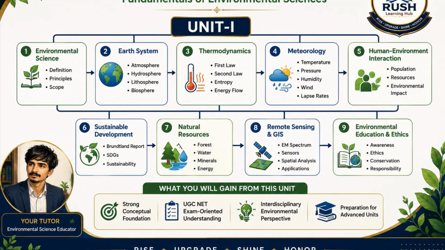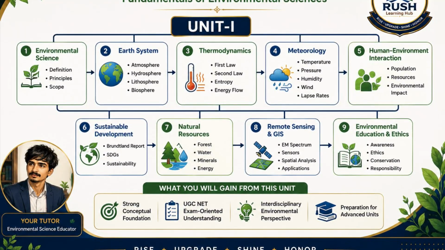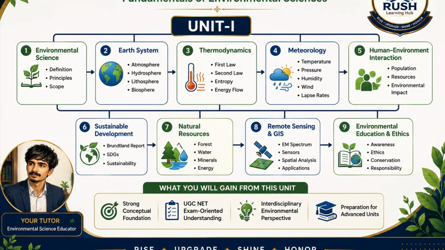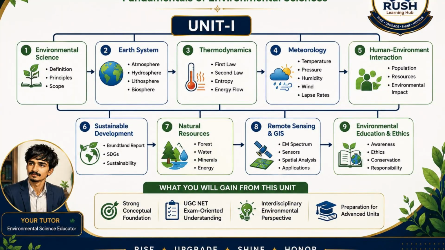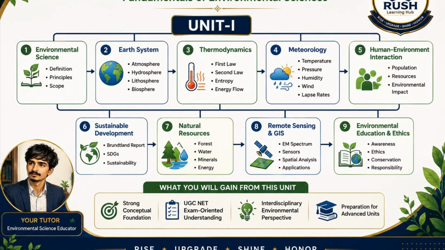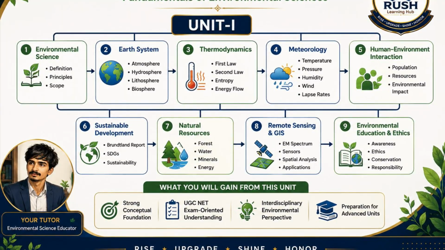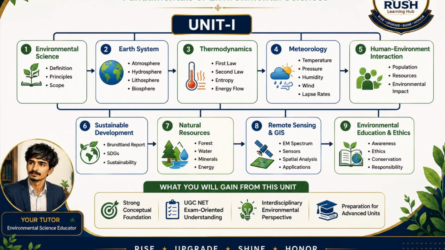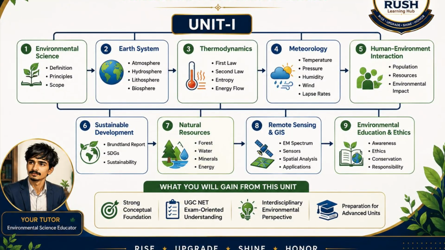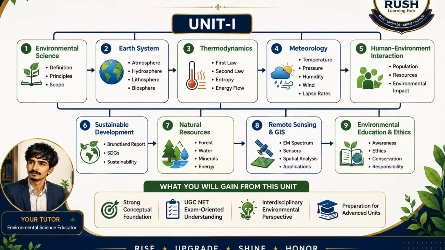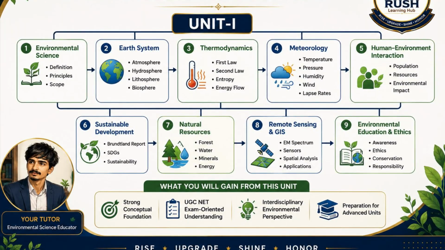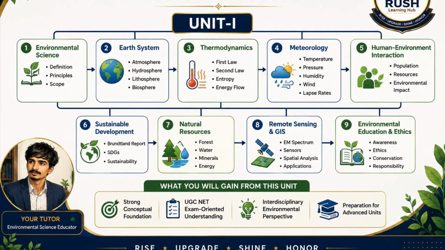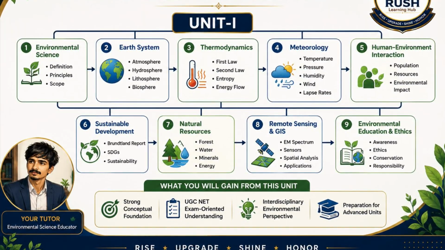This naturally leads us to sustainable development. Sustainable development aims to meet present needs without compromising the ability of future generations to meet their own needs. We will discuss the Brundtland Report, Sustainable Development Goals, and the principles of sustainability that guide environmental management worldwide.